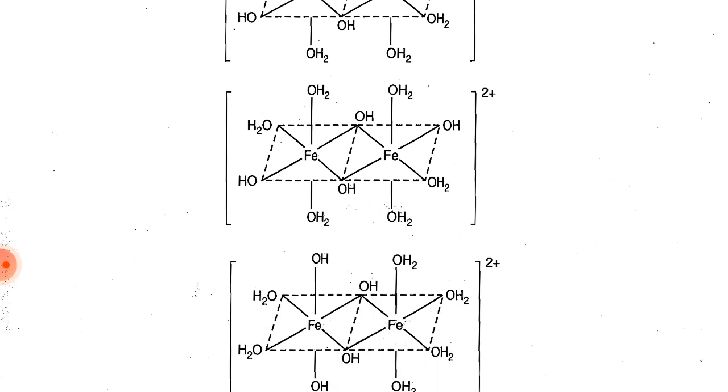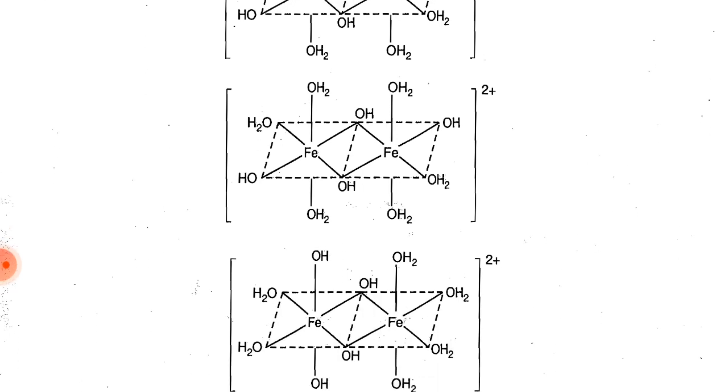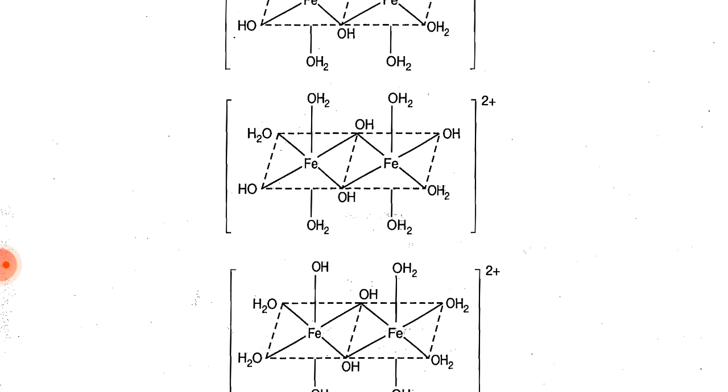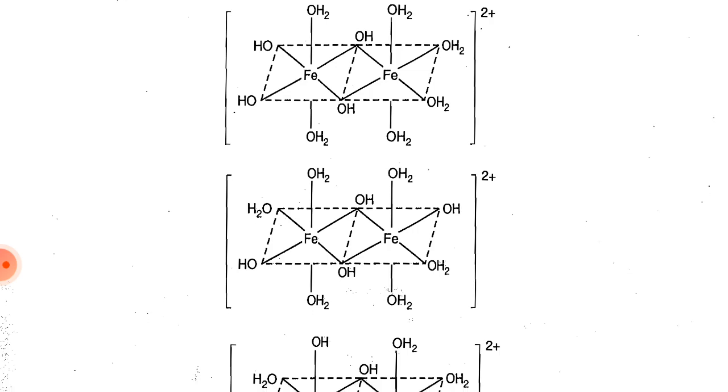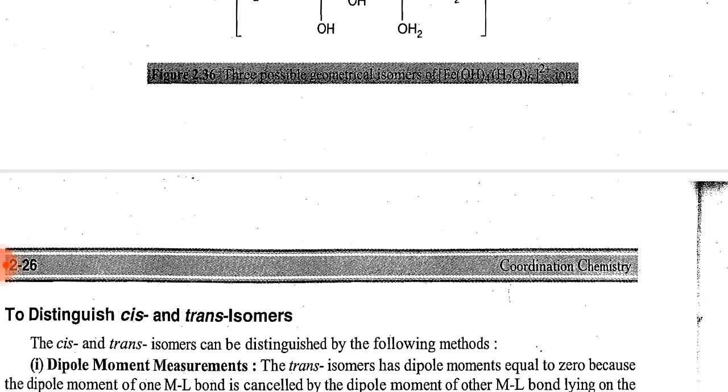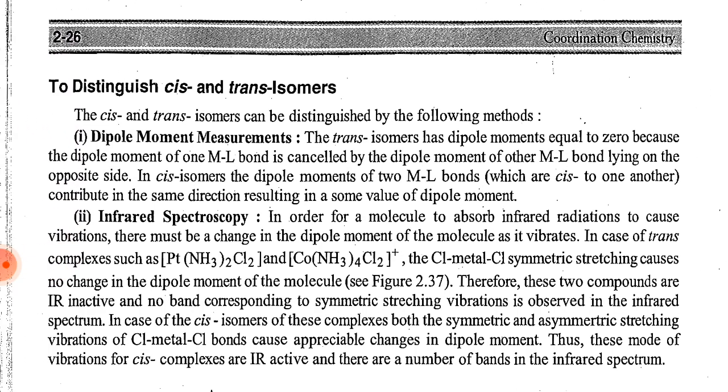All the 6 ligands are the same water molecules. So how to identify between cis and trans isomers?